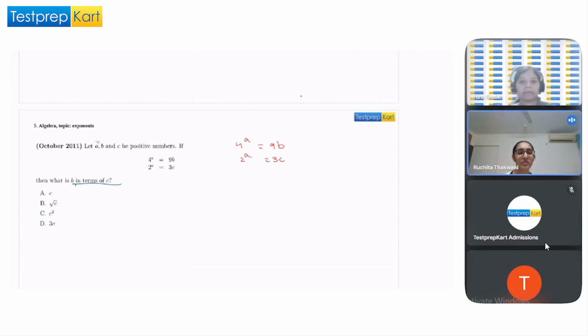Because you have to raise 3 to the power of 2 to get 9, so you also have to raise C to the power of 2 to get 9B. So you got the answer C square. Yeah, that's correct.